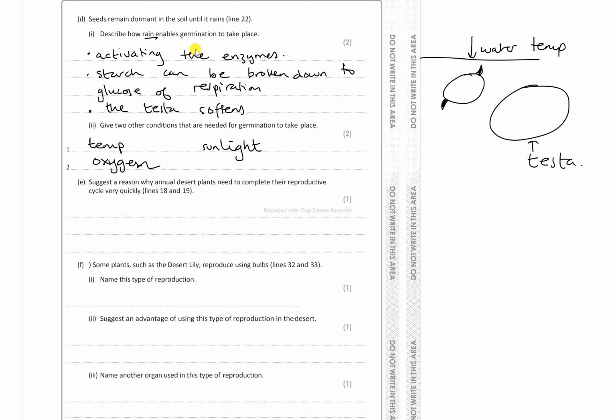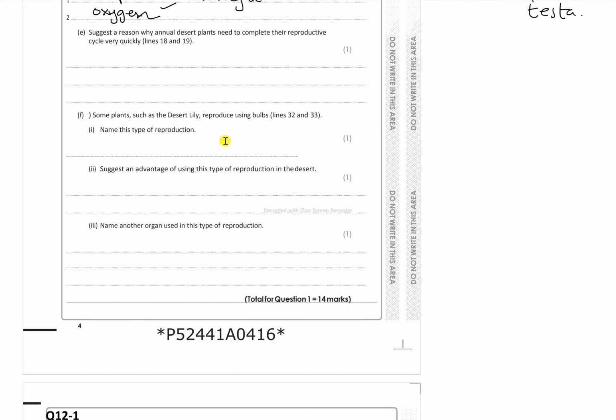So look, you need water, temperature, oxygen, and sunlight. I just want to see how sunlight works if it's underneath the ground. Okay, suggest why annual desert plants need to complete their reproduction very quickly. Because there's a short growing season. Right, I think that's what we need to do.